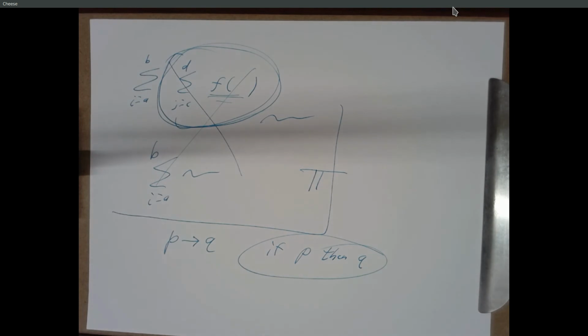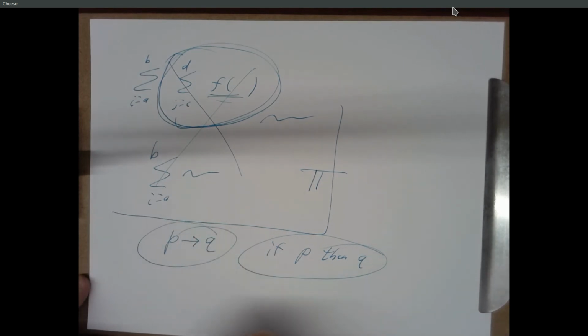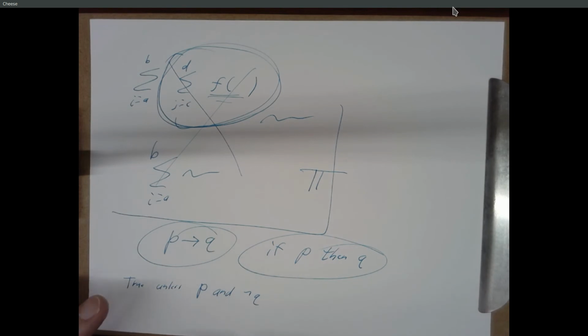And our understanding is that this implication, this bigger proposition, is always true unless P is true and Q happens to be false. So if today is Friday, then x equals 12.